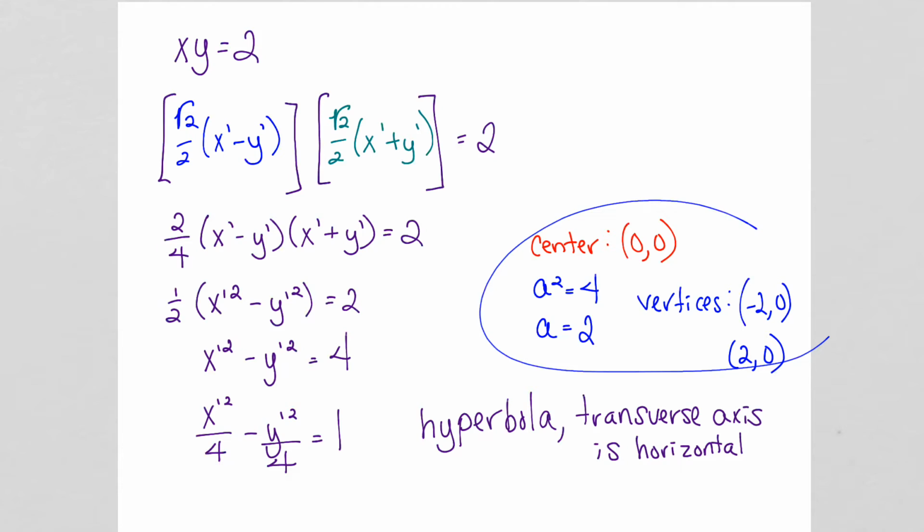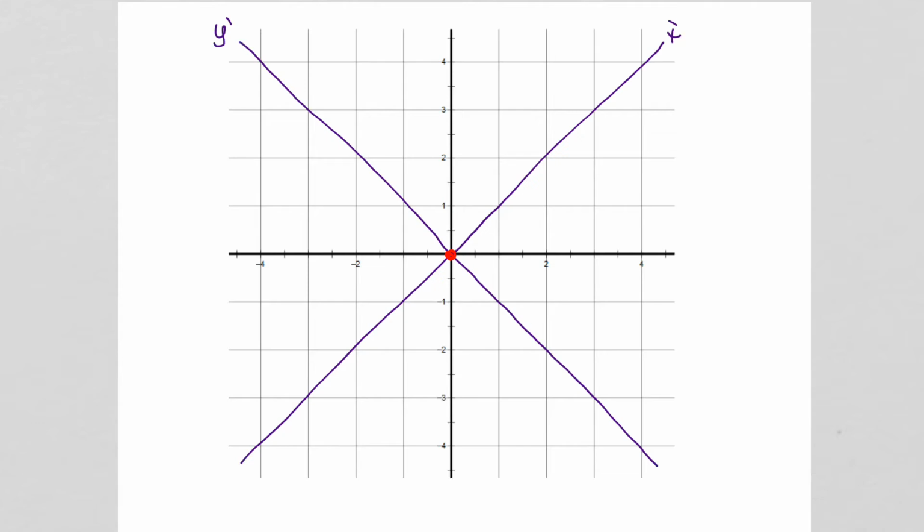If our vertices are at -2 and 2, it was there and there. So now it's rotated down here and rotated up here. So something like that. It's really hard to tell exactly.